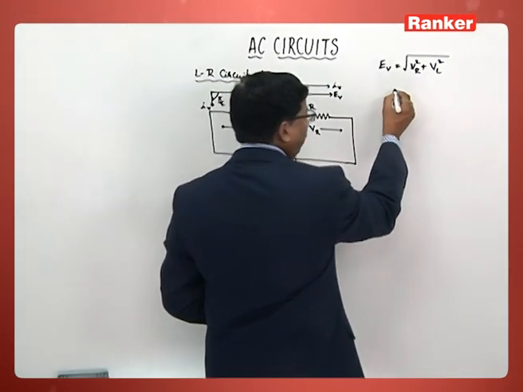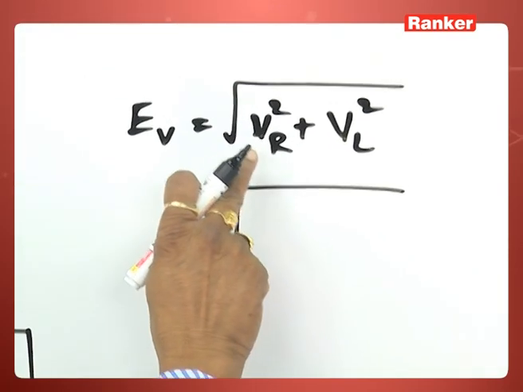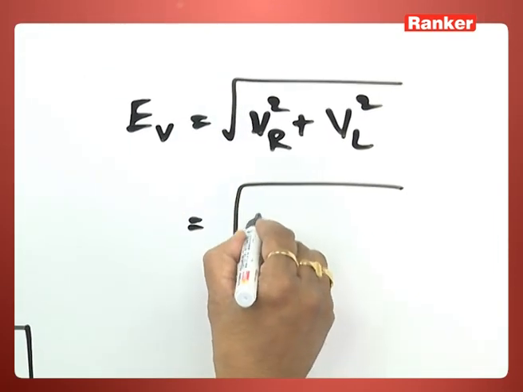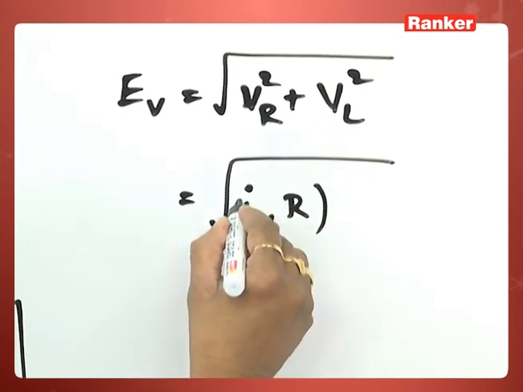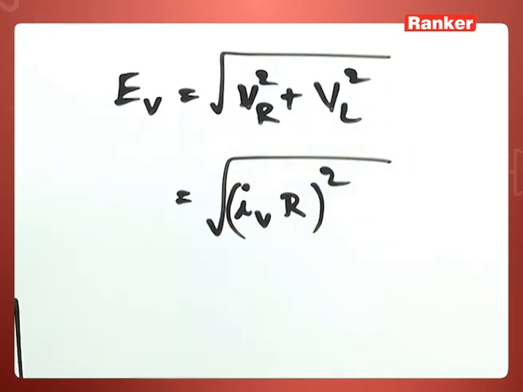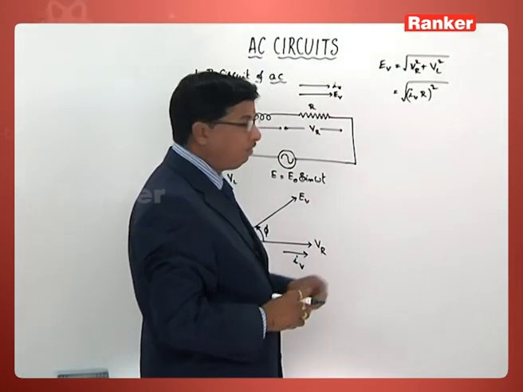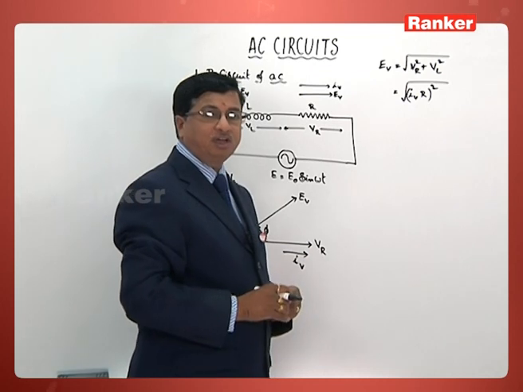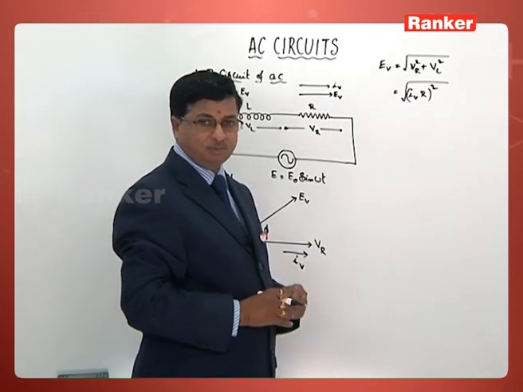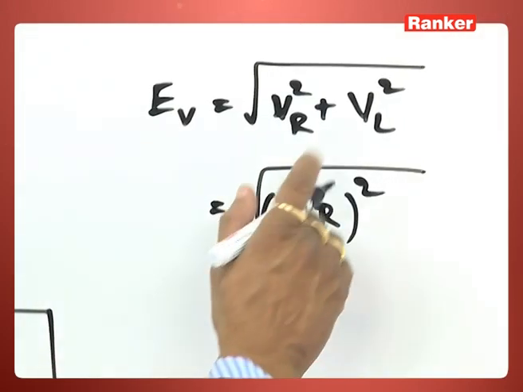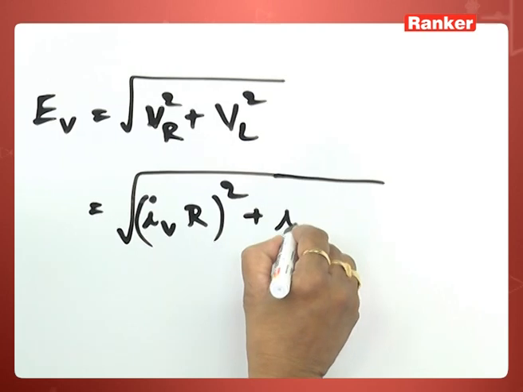But one can understand directly, according to Ohm's law, VR can be written as I virtual into R whole square. Virtual value of current into resistance is the potential difference across the resistance connected in that circuit. And of course, you can write VL also in the same manner.